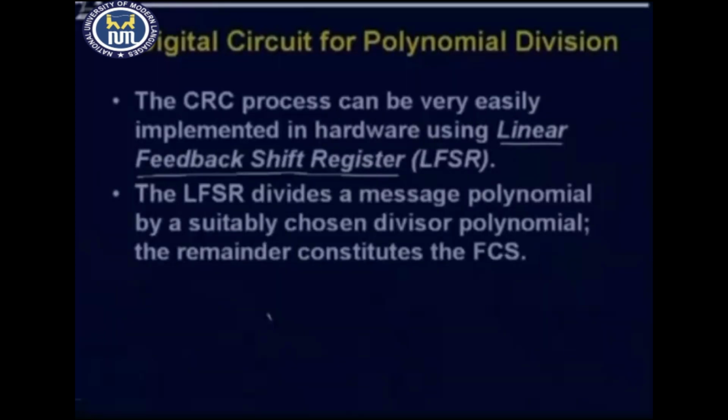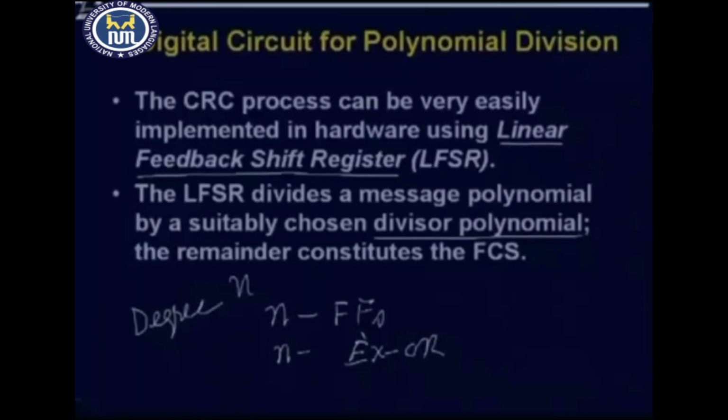And this linear feedback register has n flip-flops and at most n XOR gates. So XOR gates can be fewer, but the flip-flops have to be there. So we devise a suitably chosen divisor polynomial, and it has to be of degree n. So it will have n flip-flops, and then we'll see how we can generate the frame check sequence.